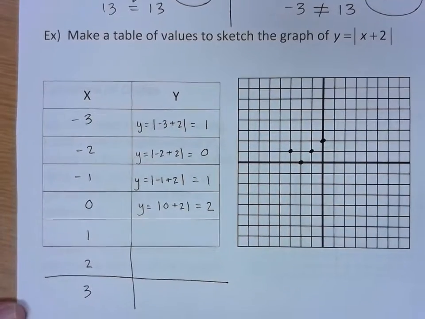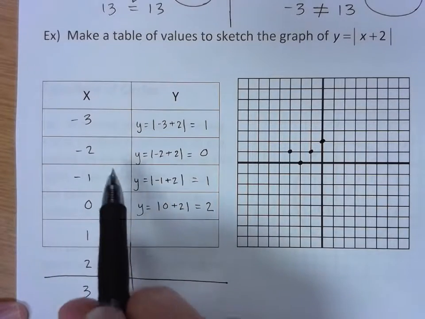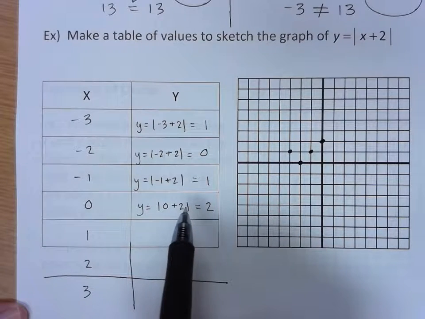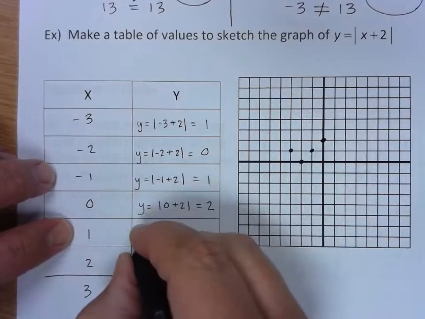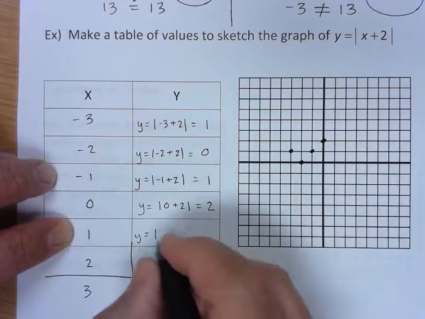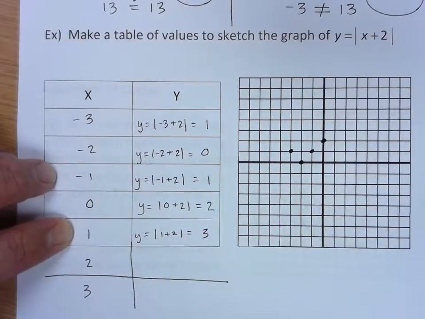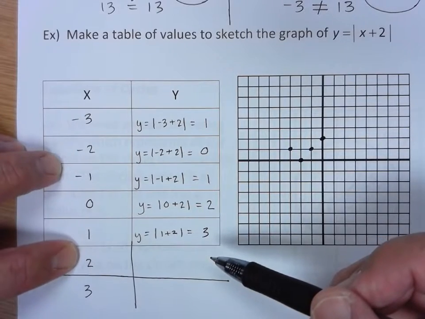I think there is a pattern emerging because now for every value of x that you're plugging in past the negative 2, you're going to have to add the 2 to it and then take an absolute value that's always going to give you a positive number. See, when you plug in 1, you're taking the absolute value of 1 plus 2, which is 3. So your y values are going up one at a time for every x value that you go to the right.